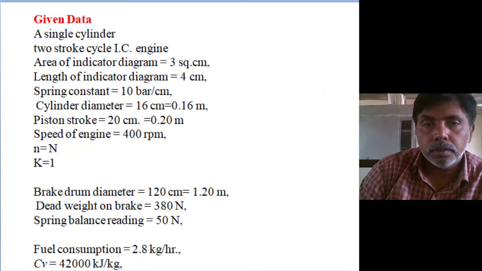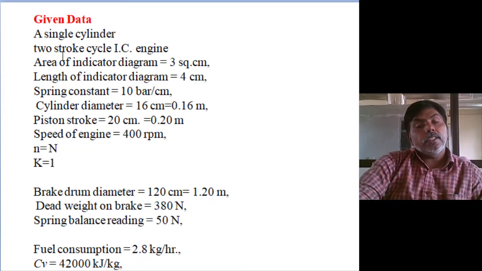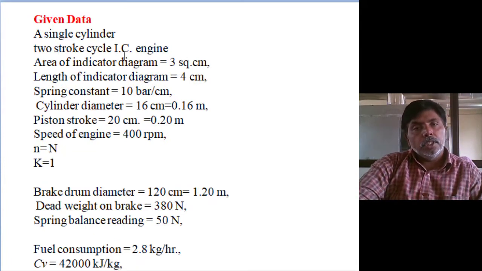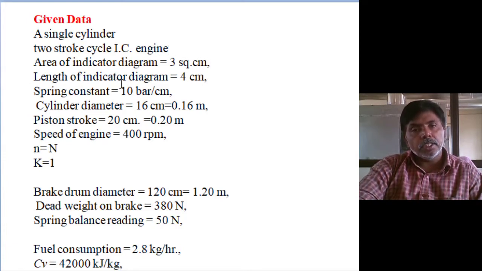Next, a single cylinder, two-stroke cycle engine. Area of the indicated diagram 3 square centimeters, length of the indicated diagram 4 centimeters, spring constant 10 bar per centimeter, cylinder diameter 0.16 meter, and piston stroke 20 centimeters, meaning 0.2 meter. Speed of the engine 400 rpm.